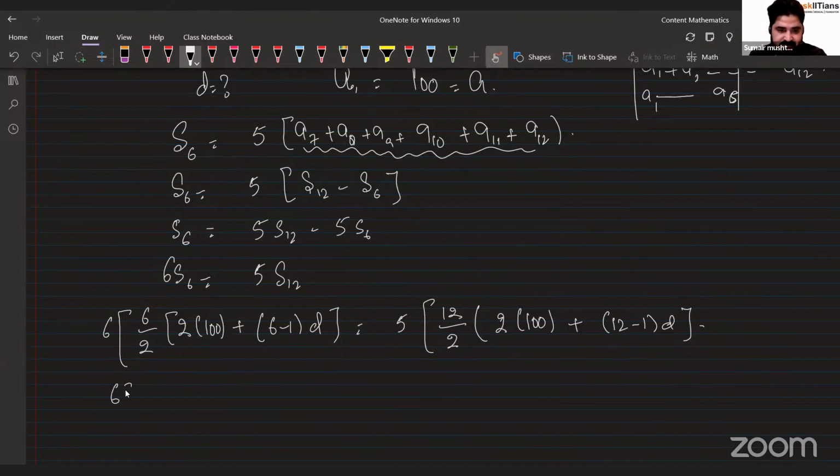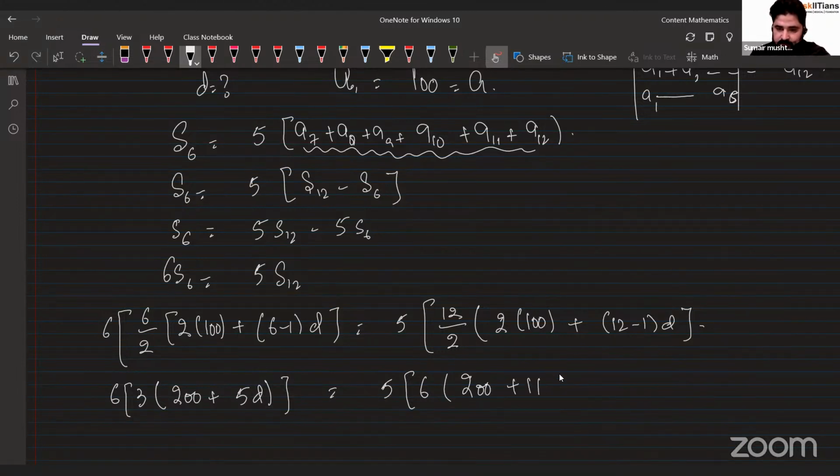This is 6 times 3 times 200 plus 5d is equal to 5 times 6 times 200 plus 11d. I think this is a simple linear equation in one variable. It can be easily done now.